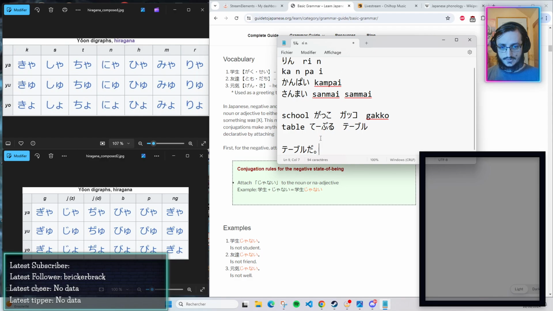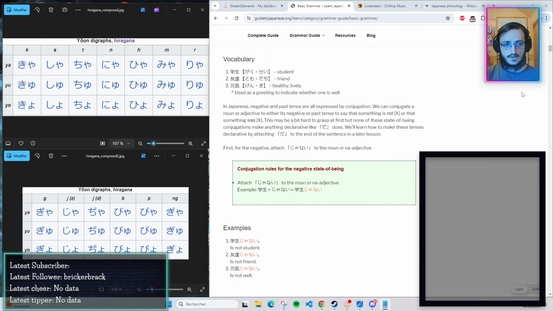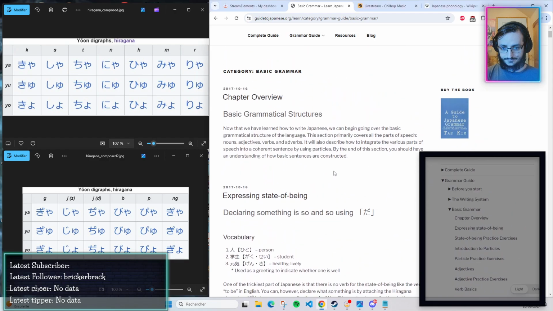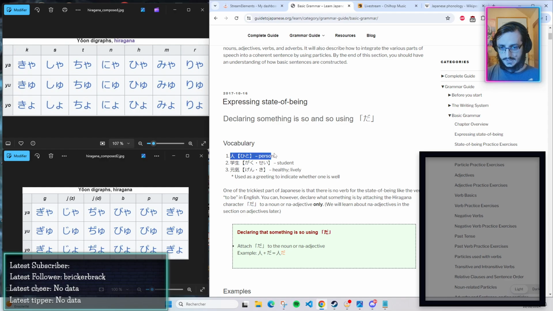We have seen also a bit of grammar with the sentences with da, which is the statement, affirming something. Table da, this is a table. Gakusei da, this is a student. We saw some words: hito, person; gakusei, student; genki, healthy, well.